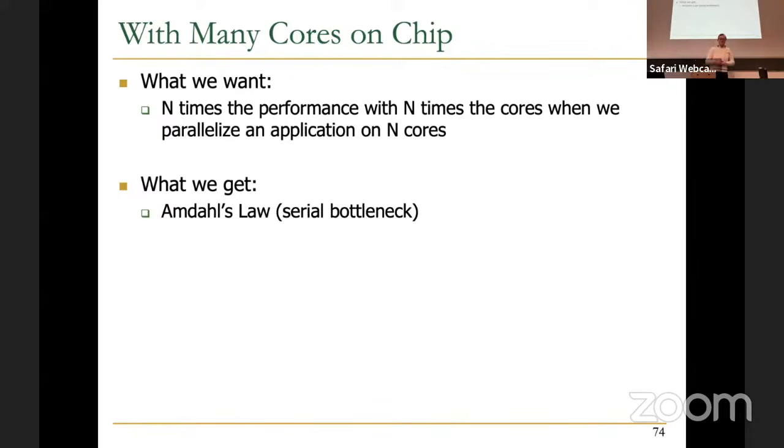I'm going to show that. This is really the serial bottleneck. Your parallelization is limited by how much you can parallelize. If there's a part of your code that you cannot parallelize, that really bottlenecks your performance. So you want n times the performance, but 50% of your code you cannot parallelize.